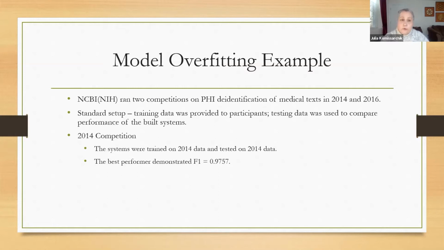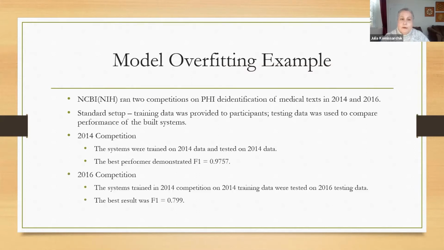And the best performer demonstrated F1 of 0.9757, which is great. So now 2016 came about, and in the competition, what was done is the systems that were trained on 2014 were run on the 2016 testing data, and the results were 0.799, which is 10 times worse, right, than the original results.